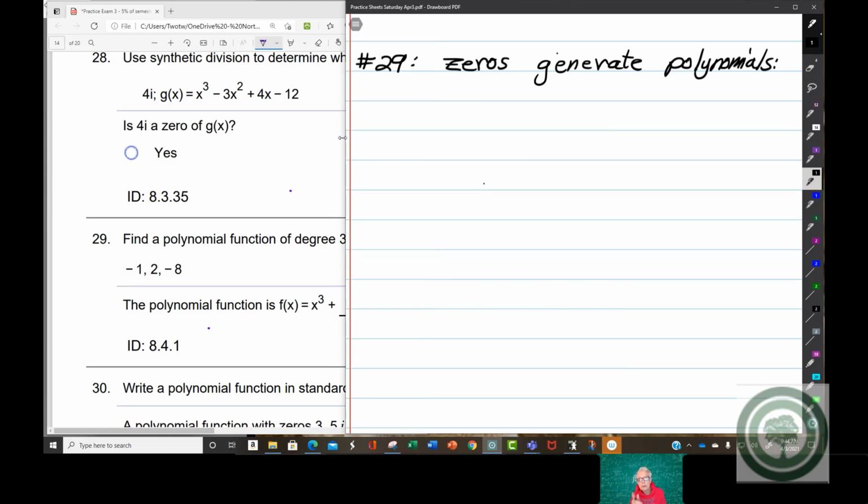But okay, so we're going to put these in the polynomial generator. What is the polynomial generator? It's this.